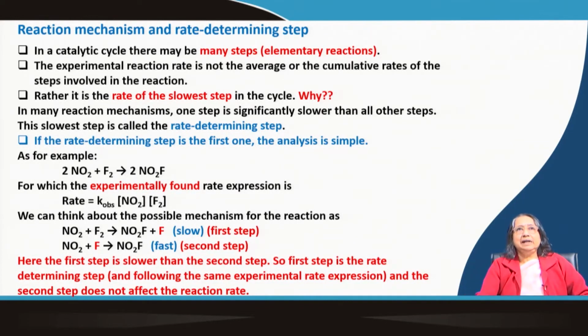Now, the experimental overall reaction rate is not the average, or the cumulative, of the rates of the steps involved in the reaction. Rather, it is the rate of the slowest step. I told you in the previous lecture that the slowest step is very important in the cycle.